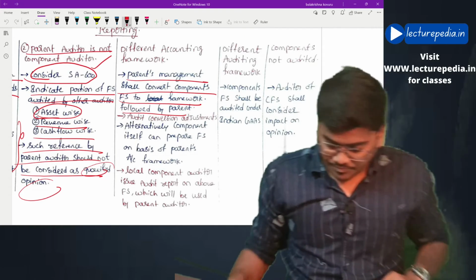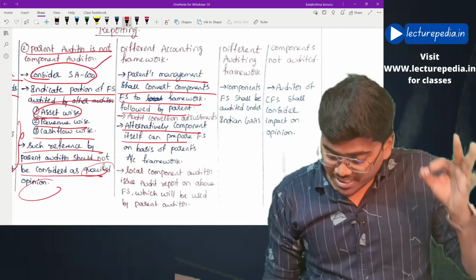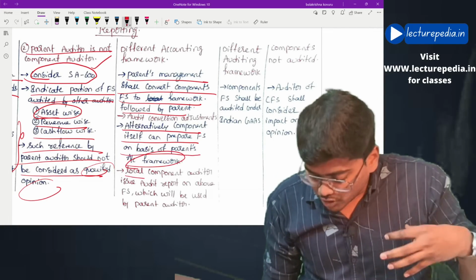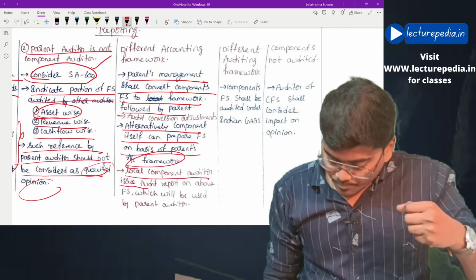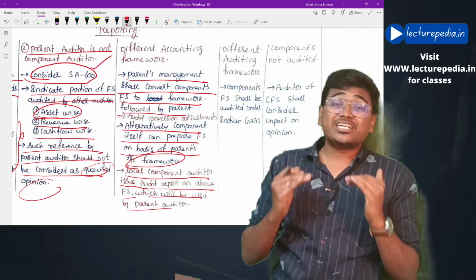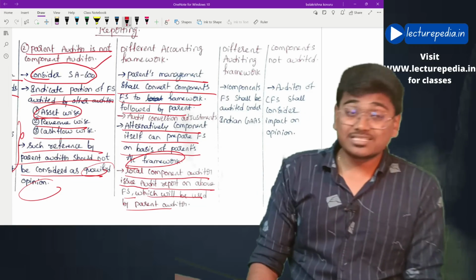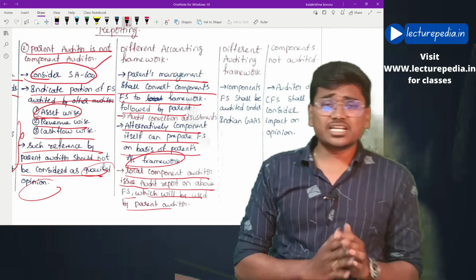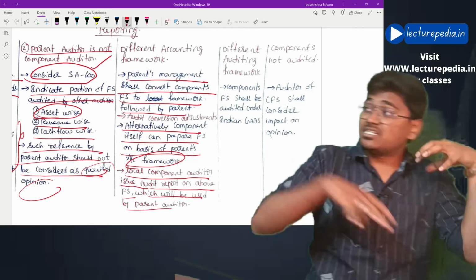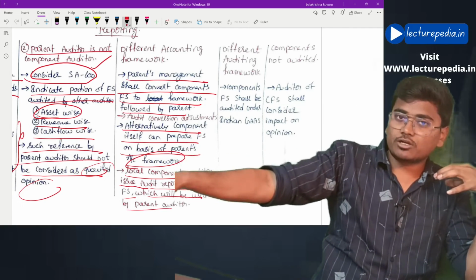Hope this is clear. Alternatively, the component itself can prepare financial statements on the basis of the parent's accounting framework and the local component auditor issues an audit report on the above financial statements which will be used by the parent auditor. This is the reporting requirement when the accounting framework of the parent is different from the accounting framework of the component.